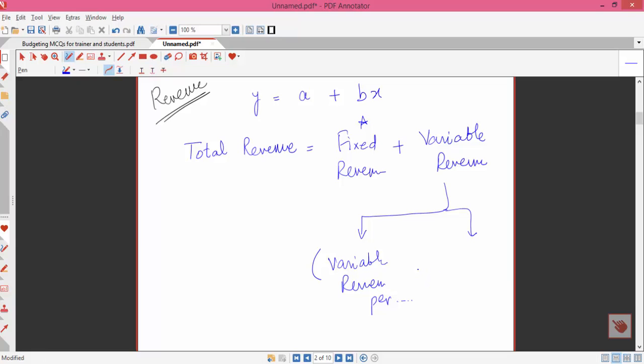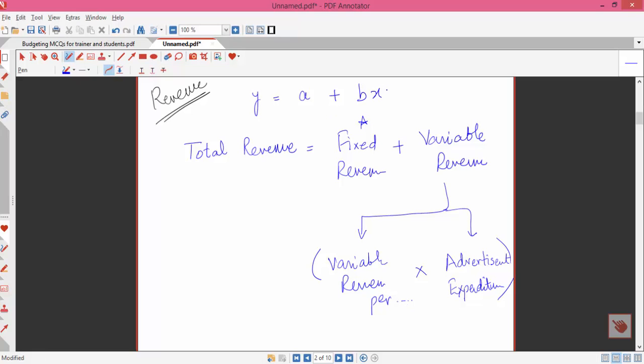So we are saying, for example, on every dollar multiplied by advertisement expenditure, the more advertisement I do, the more variable revenue will come, and overall my total revenue will increase, right?